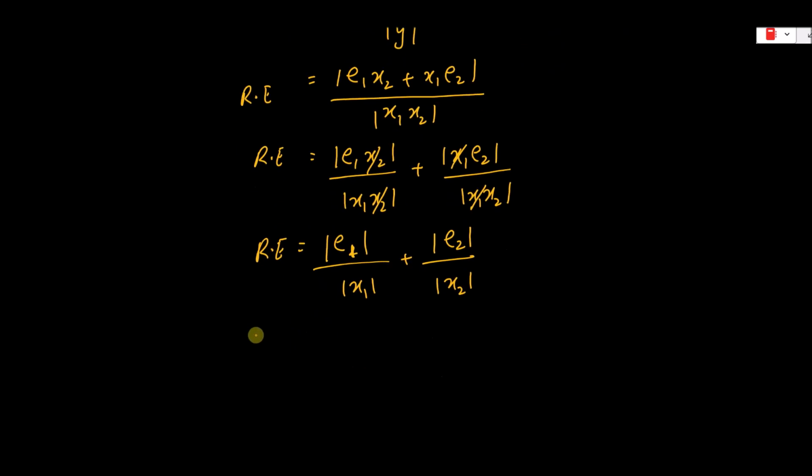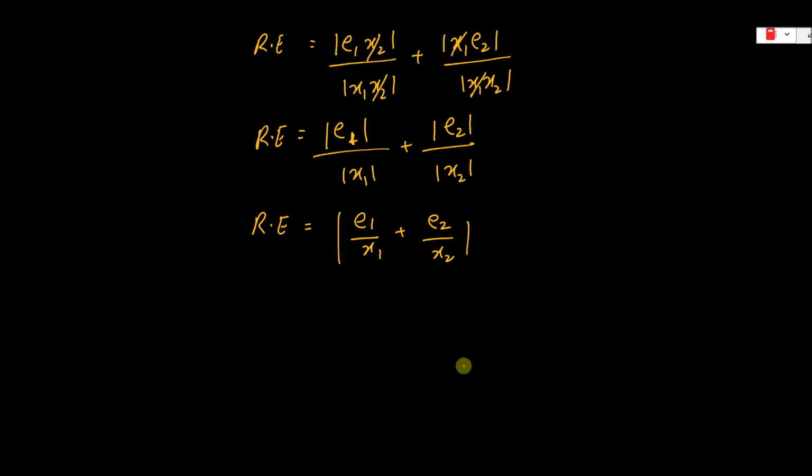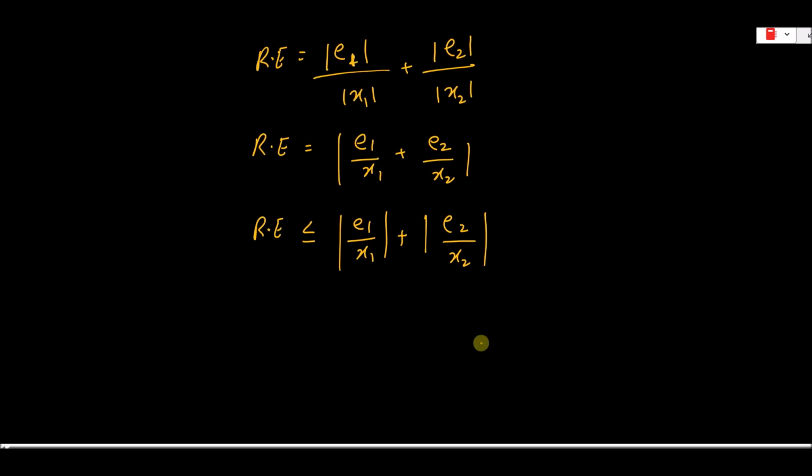So from this we may write that the relative error is e1 by x1 plus e2 by x2. After that, we may write that the relative error must be less than or equal to e1 over x1 plus e2 over x2.